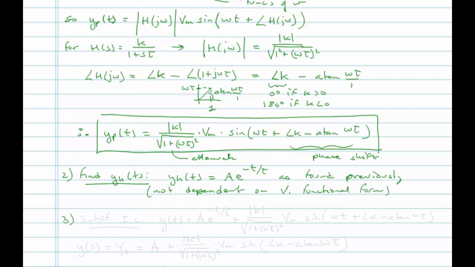And then lastly, we're going to satisfy initial conditions. So we write y of t is equal to A e to the minus t over tau, that's the homogeneous, plus the particular, which will be this expression that we derived previously.